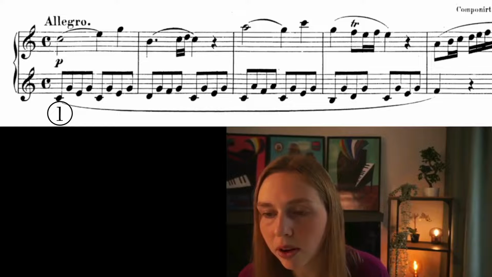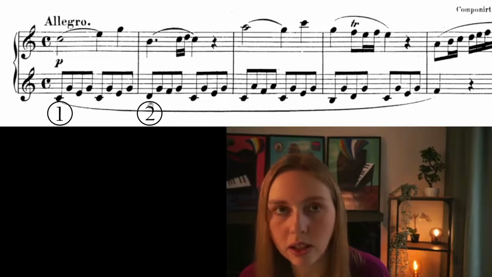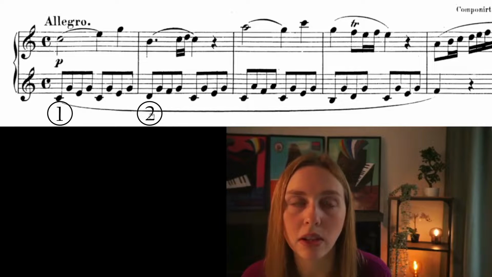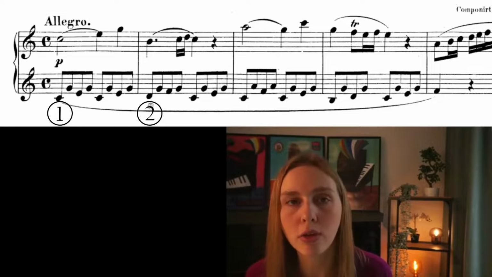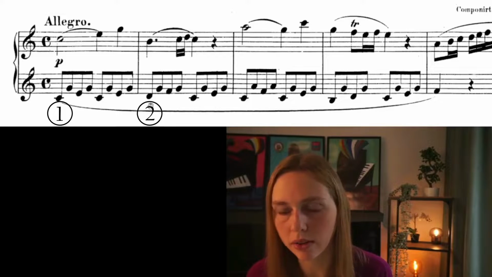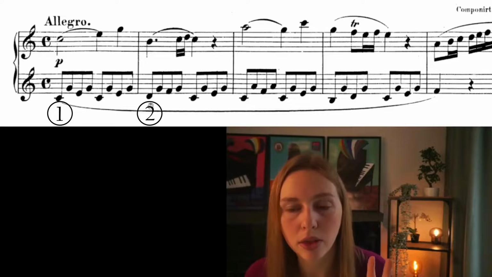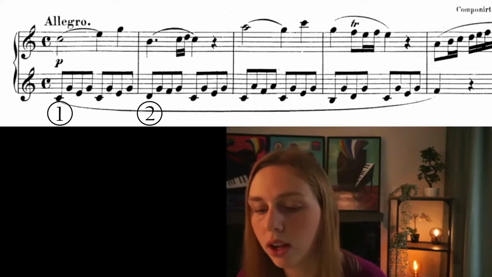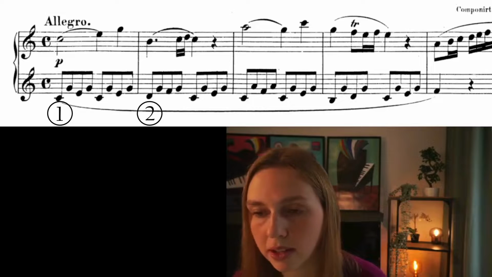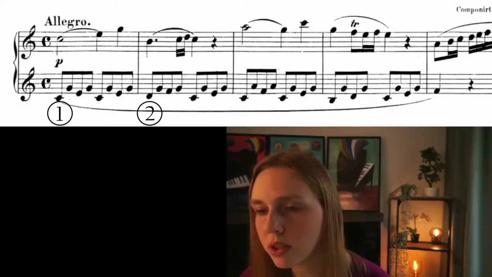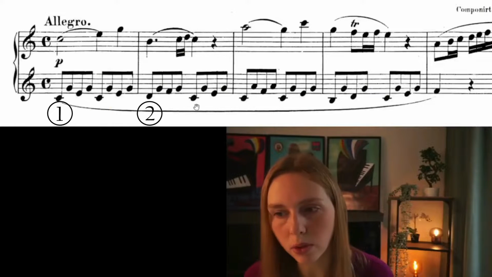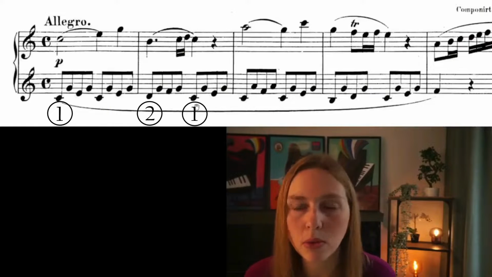The second bar, we have the second degree using the melodic degree with a D in the bass, and the chord is a 3, 4, 6 chord. That's the second inversion of our dominant seventh chord, the one that we had here. And as you see, it resolves downwards, going back to C major as a root position.